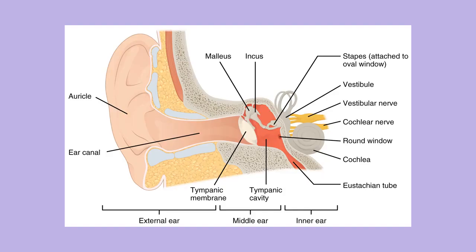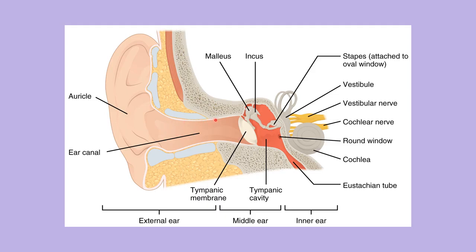So if we look at the ear, the external ear is what you see outside of the body. This portion is known as the auricle. It's also known as the pinna, so you can use either term. And then your auditory canal, your ear canal, which, by the way, you are not supposed to be sticking anything in there.